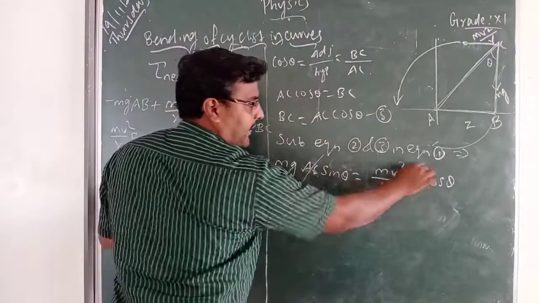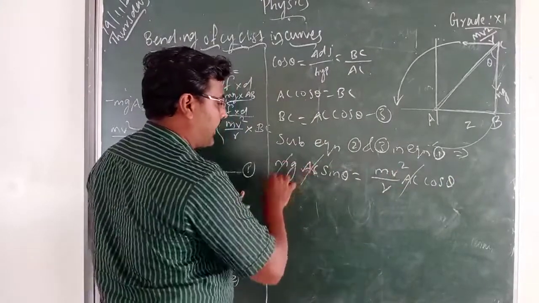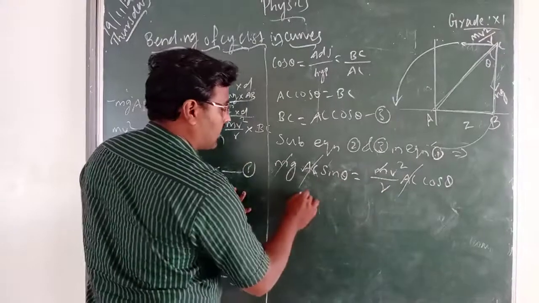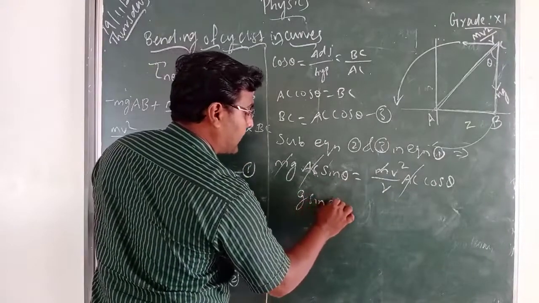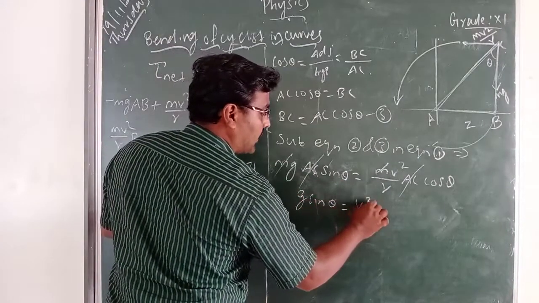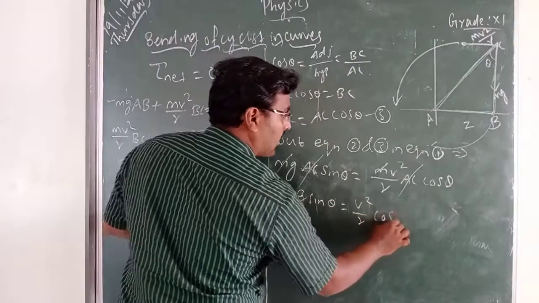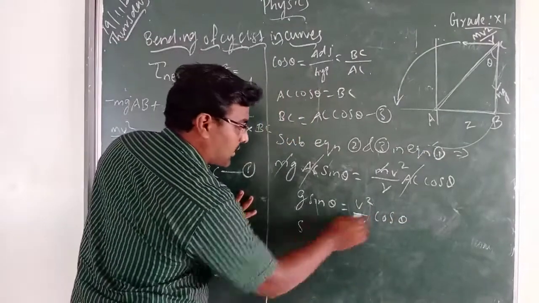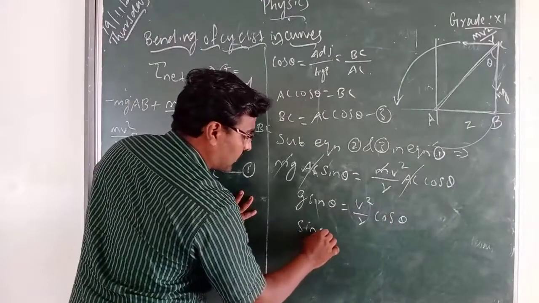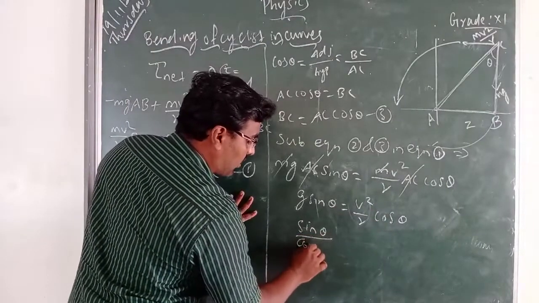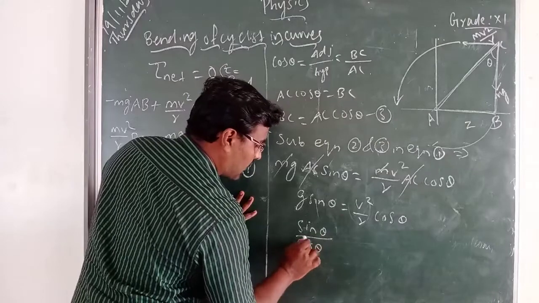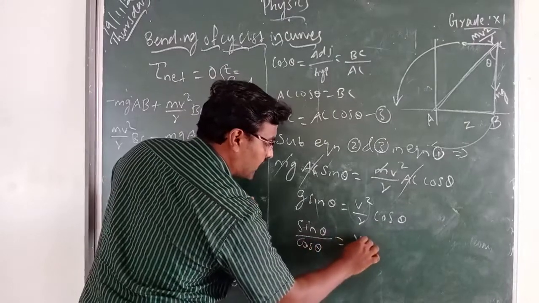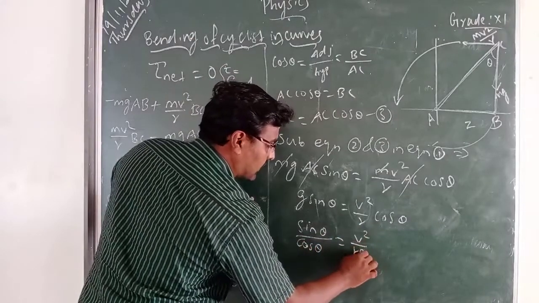Now AC cancels, m cancels. So g sin theta equals v square by r cos theta. Now take this cos theta to this side: sin theta by cos theta equals v square by rg.